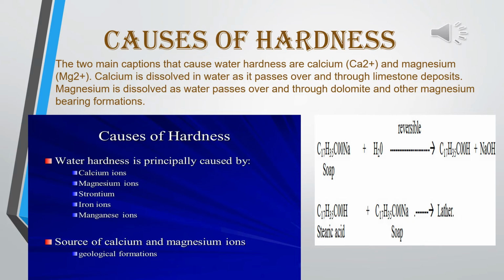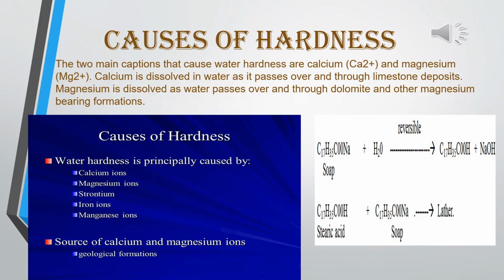Okay, so it has been shown over here a reversible reaction where C17H35COONa, that's a soap formula, plus H2O is forming C17H35COOH plus NaOH. Same here, stearic acid, C17H35COOH, when it reacts with soap, again C17H35COONa, it is forming lather of the soap.